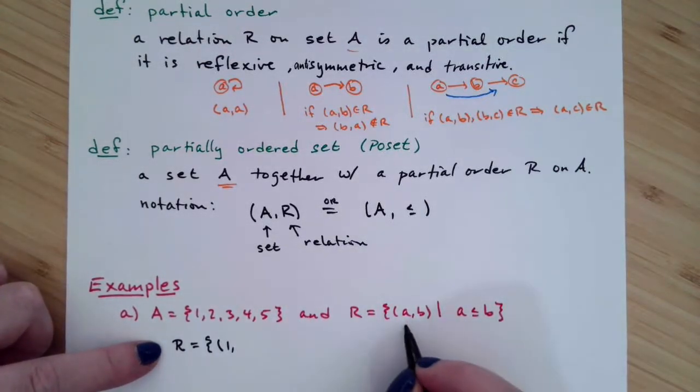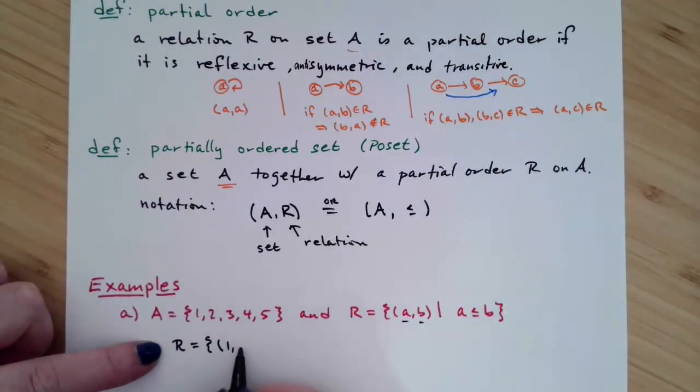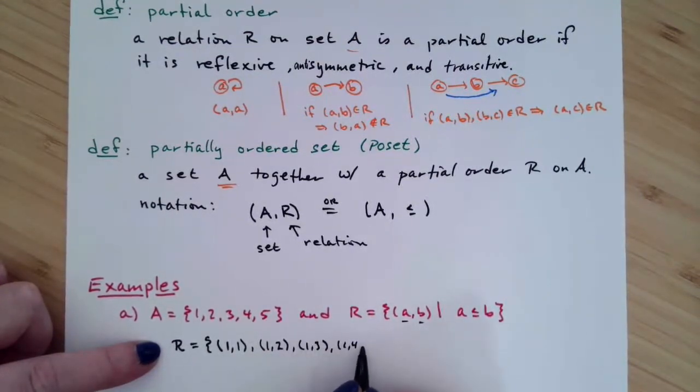Well, this tells us that the first element has to be less than or equal to the second element. So in this setting, we get 1 comma 1, 1 comma 2, 1 comma 3, 1 comma 4, and 1 comma 5.